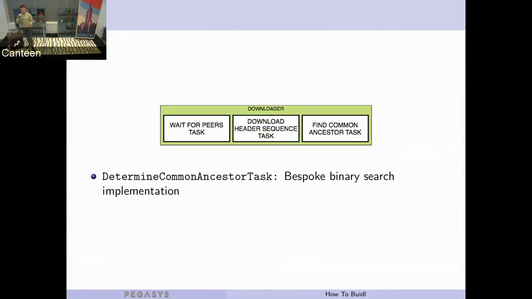When you receive some message from one of your peers, you want to determine where you have a common history with that peer. We implemented it as some kind of modified binary search algorithm, which is one of the reasons why I like working on this team and working on Ethereum clients, because you have a lot of opportunities to implement cool concepts and neat little algorithms like that.